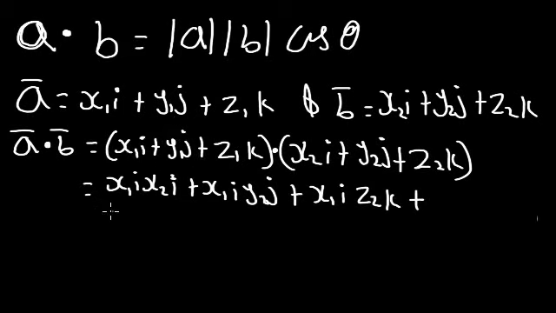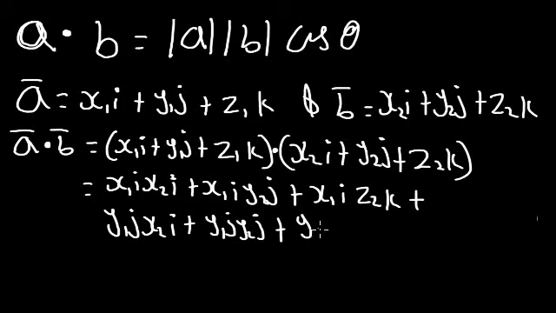y sub 1 j. Now the y sub 1 j multiplied by x sub 2 i. Similarly, y sub 1 j, y sub 2 j, plus y sub 1 j, y sub 2 j. And the last one, plus y sub 1 j, z sub 2 k.